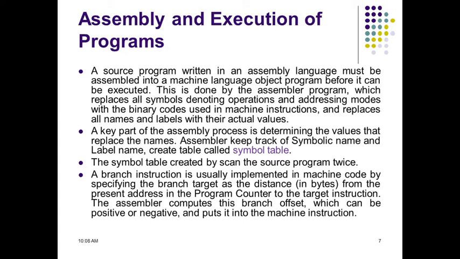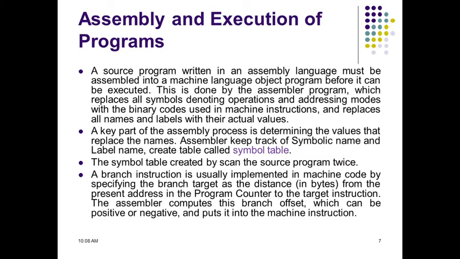Then at the end of this pass, all the names will have been assigned numerical values. Then the assembler goes through the source program a second time to substitute all the values for all the names from the symbol table. Such an assembler is known as a two-pass assembler, meaning the assembler which will scan the source program twice, generating the symbol table.